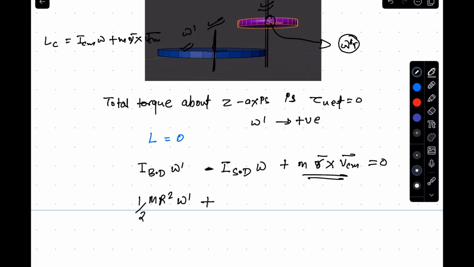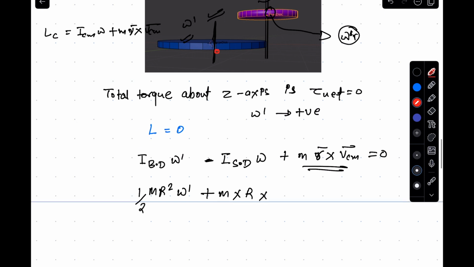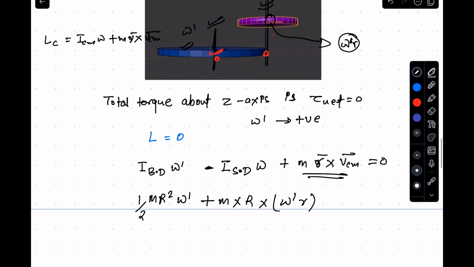This term is m multiplied by r, because the perpendicular distance between the center of mass of this disk and the axis of rotation is r only, and V_CM is omega dash multiplied by r. Here I am writing the positive sign, because if you do the cross product with the right hand thumb rule, you will get the same direction as omega dash.